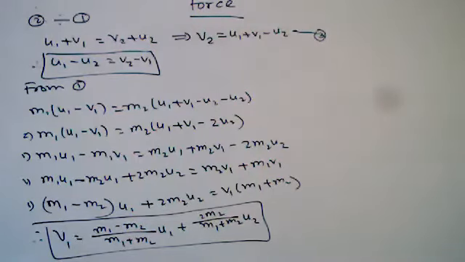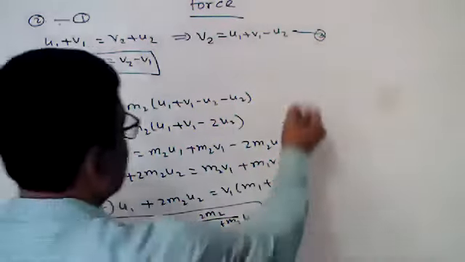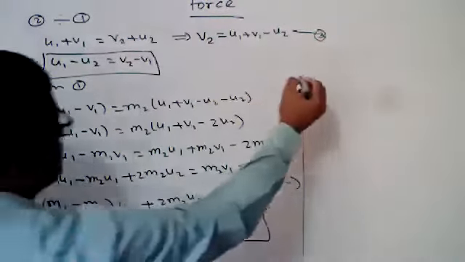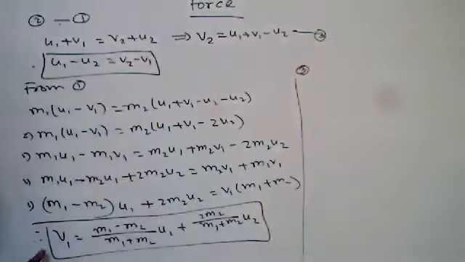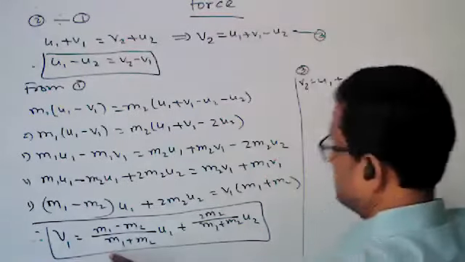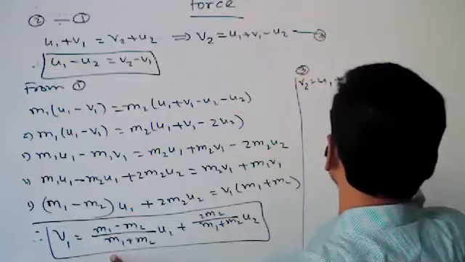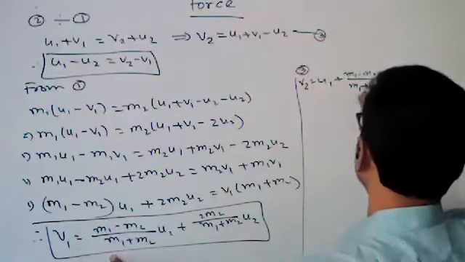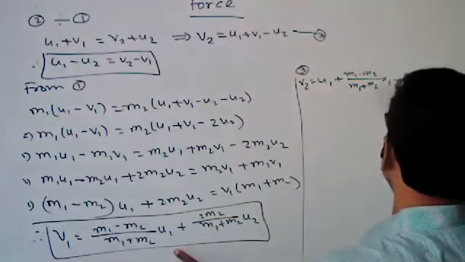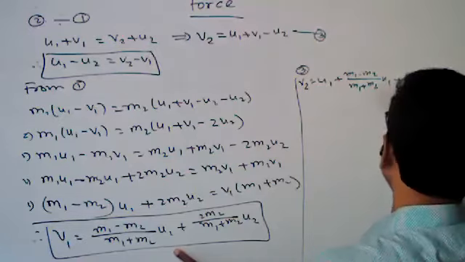Now we determine the v2. For v2, from equation number 3, v2 equals u1 plus (m1 minus m2) by (m1 plus m2) into u1 plus 2 m2 by (m1 plus m2) into u2, minus u2.